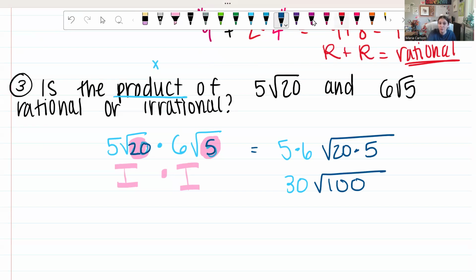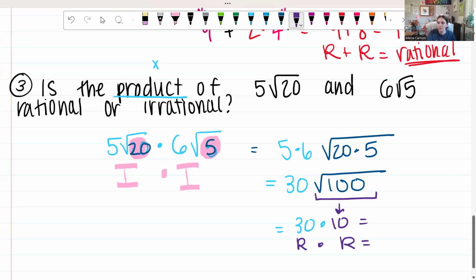And the square root of 100, we can evaluate that. The square root of 100 is 10. So I really have 30 times 10 here, which is 300. And I hope you recognize at this point, this is a rational times a rational number, which is going to be a rational number.